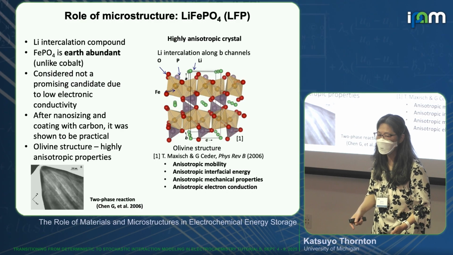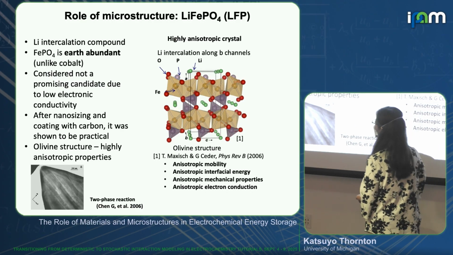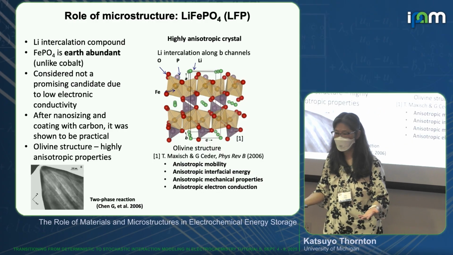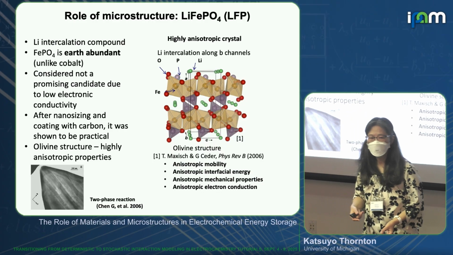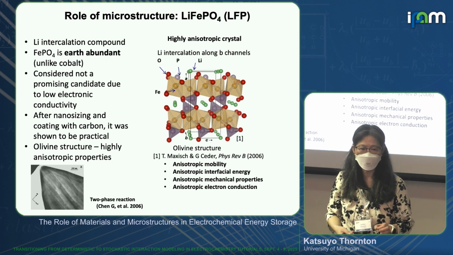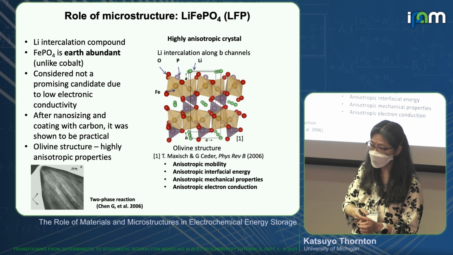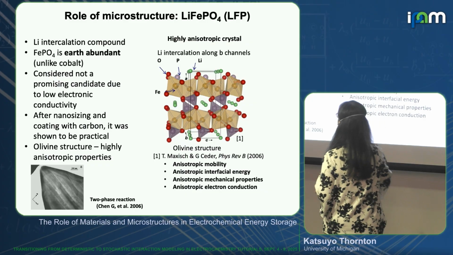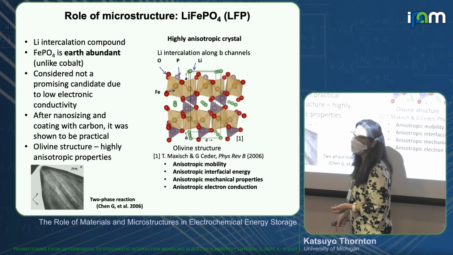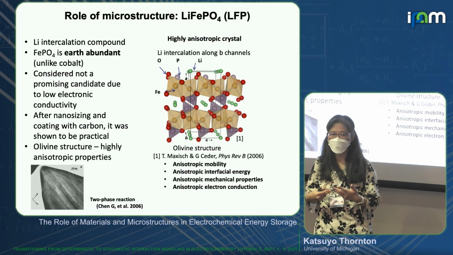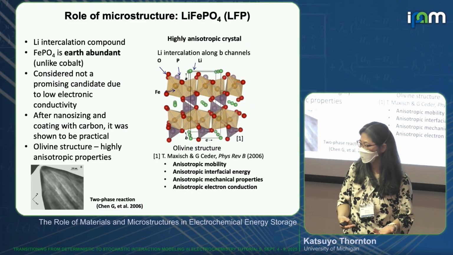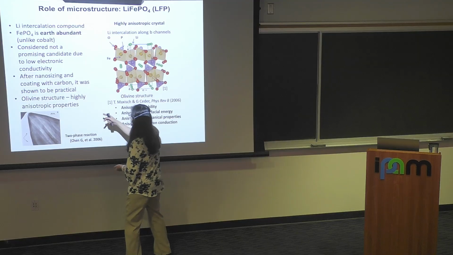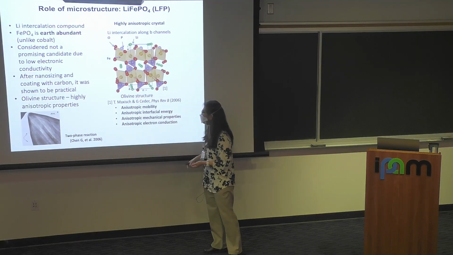Nanosizing by itself didn't actually work out. It was tried, but then it was coated with carbon, and then it started to work. Nanosizing made it more difficult to introduce an interface within the particle. You're going to see some intraparticle phase separation in the simulation later on. And this coating with carbon introduced a way of carrying electrons to enable the reaction. There are other complications with this material, though, very anisotropic.